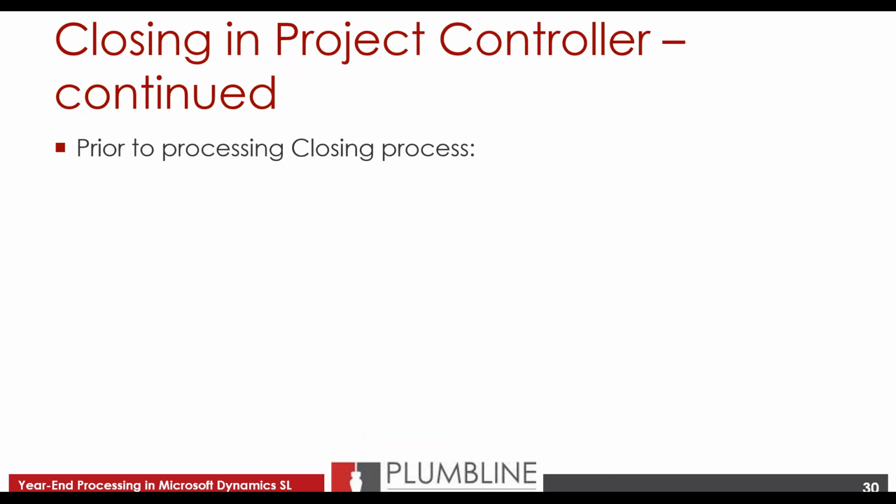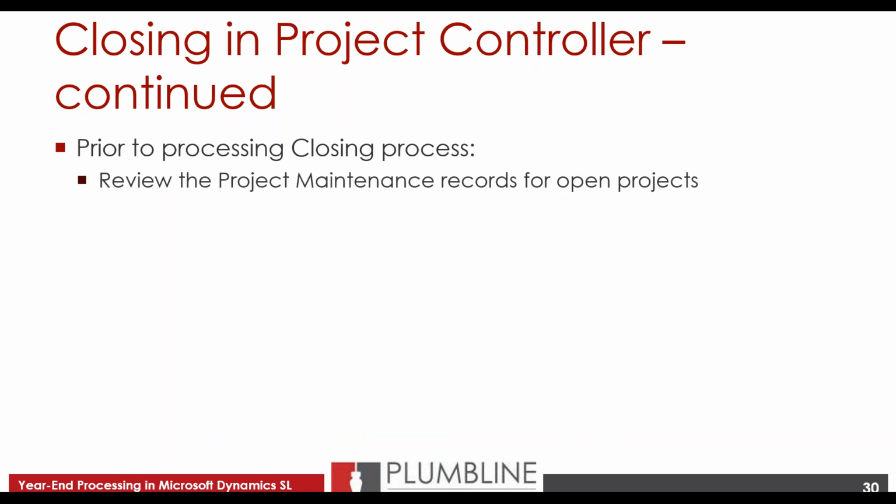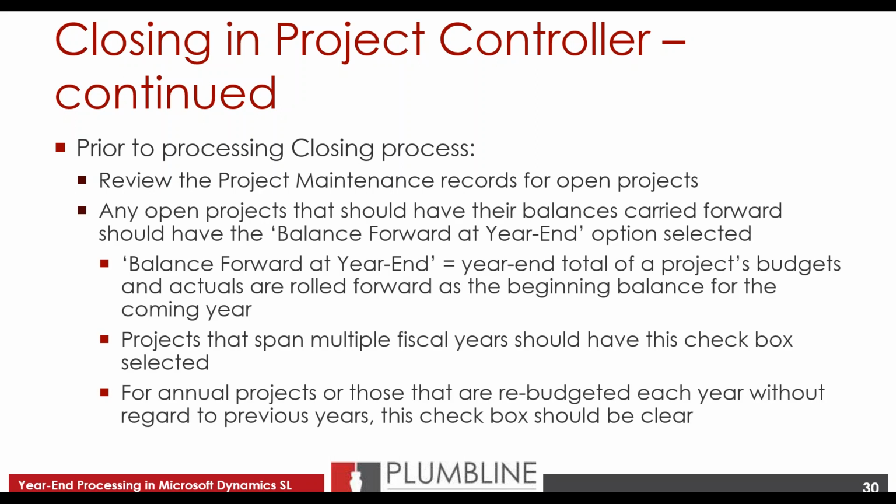Prior to processing the closing, it is important to review the project maintenance record for open projects. Any projects that should have their balances carried forward should have the balance forward at year-end option selected. Balance forward at year-end is going to determine whether the year-end total of a project's budget and actuals are rolled forward as the beginning balance for the coming year during that year-end closing process.